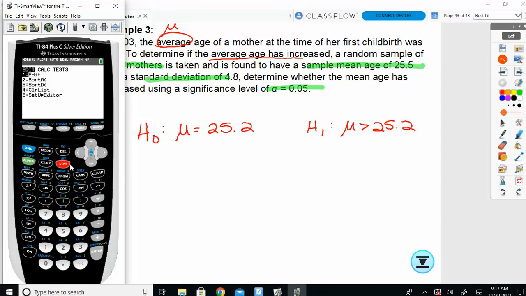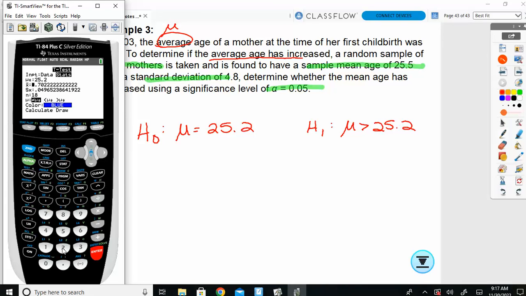So remember, I did kind of walk through one on the calculator yesterday. We had to go to stats, tests, and we want number 2. A t-test. Okay, we have the two options of data or stats. The previous example where we entered everything in L1, you would run it off data. Here though, we actually have the stats. Mu sub 0, that's the mean of the null hypothesis, so that's 25.2.